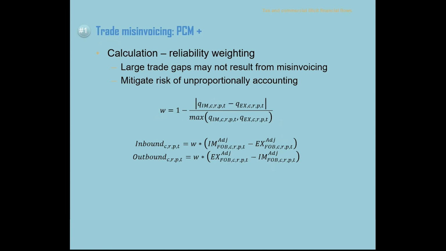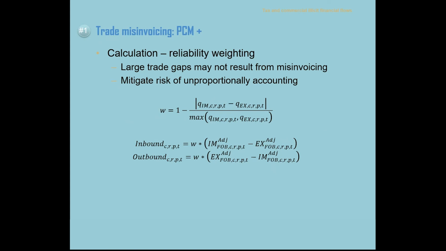In order to do so, we apply these weights, which are applied to records of the inbound flows. Using those weights, we are essentially observing the difference between the imports and the exports that are being obtained. If this discrepancy is 0, then of course the weight is 1. If the discrepancy is huge, then this weight is much reduced.